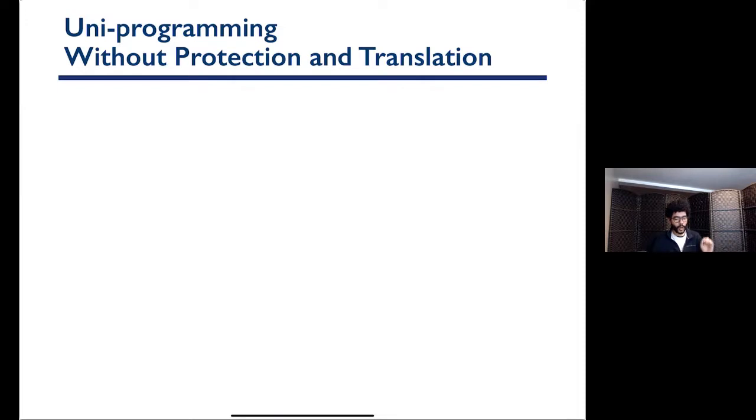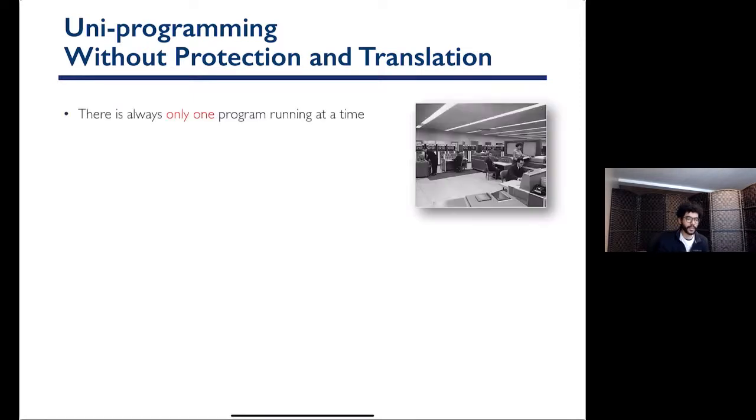We don't want to allow a single program or process to be able to access the data of another process when it's not supposed to do so. Now, if you remember when I was talking about the history of operating systems, the first operating system that we talked about was a uniprogramming operating system.